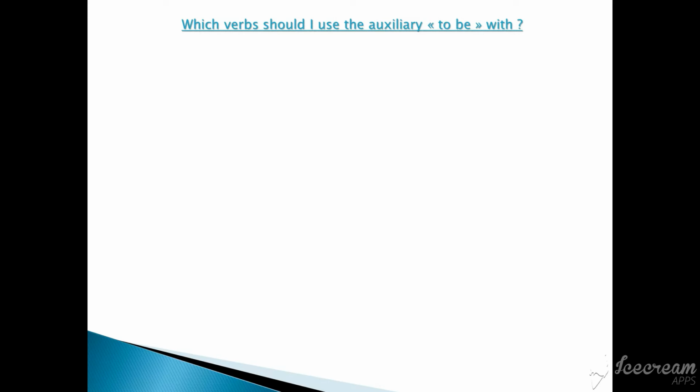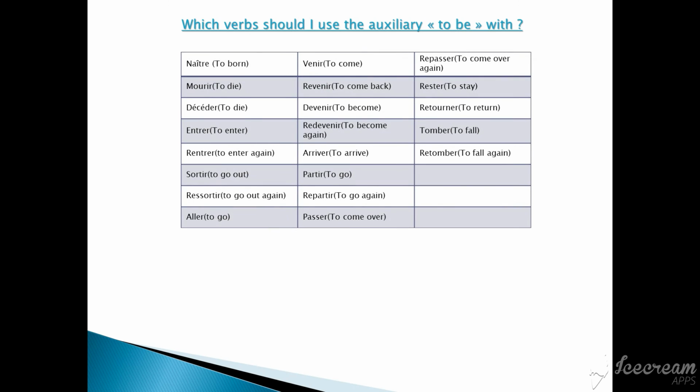But now the question is, how can I know which auxiliary should I use with which verb? Well, for the list of the verbs below, you will always have to use them with the auxiliary to be.